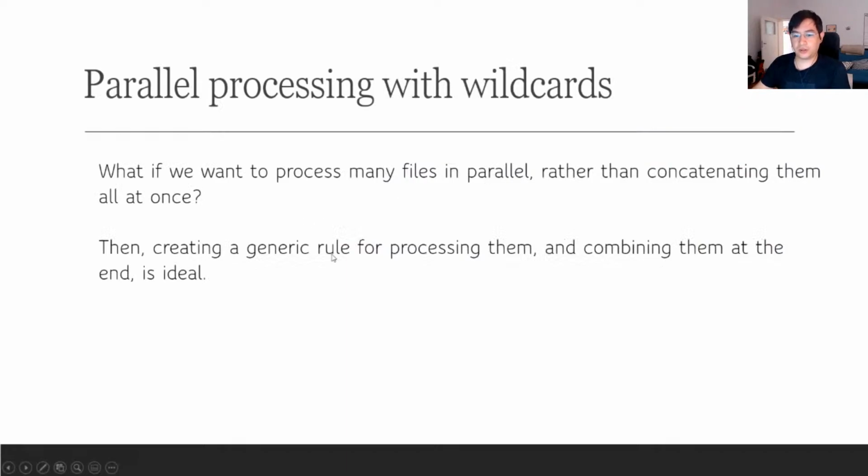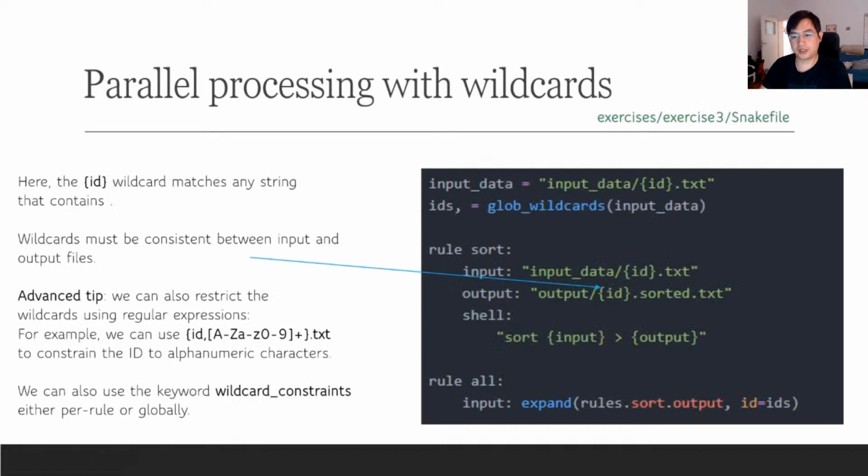And so now what we're going to do is something slightly different, which is to create a generic rule for processing them. And then we're only going to combine them at the end in the rule all. So this step relies on something called wildcards.